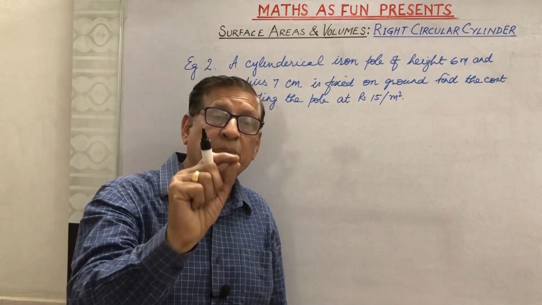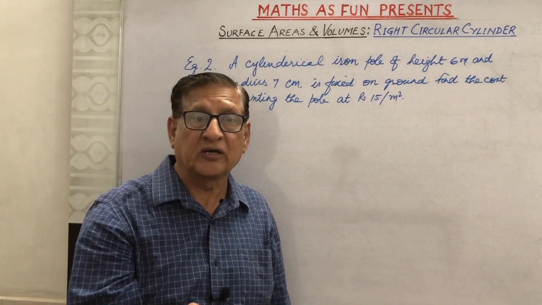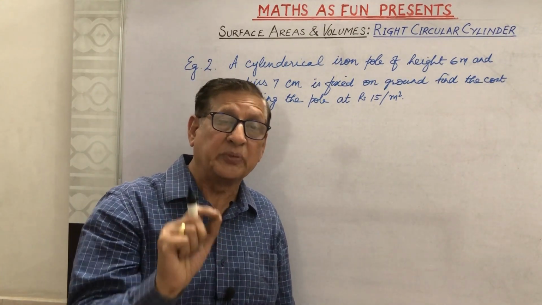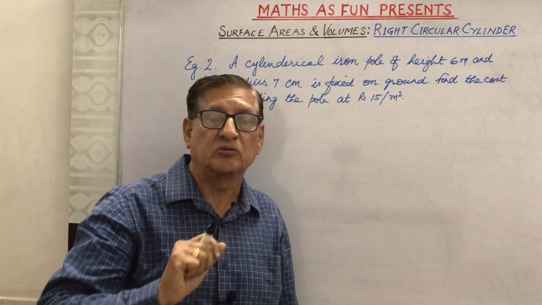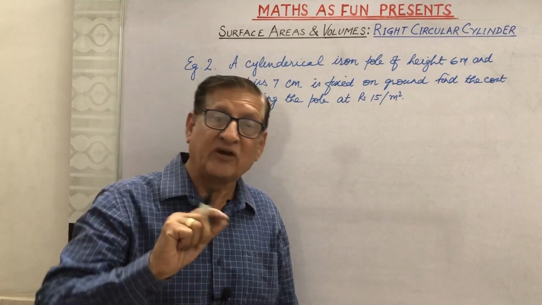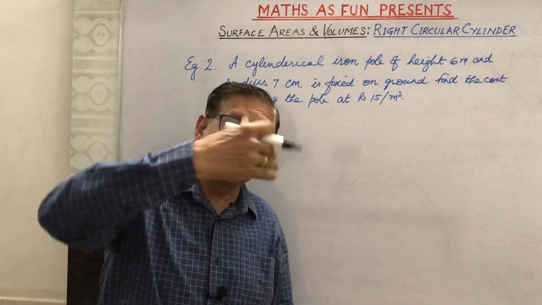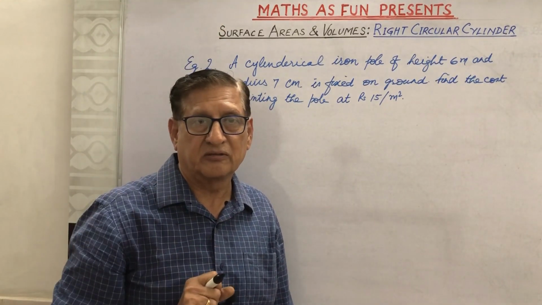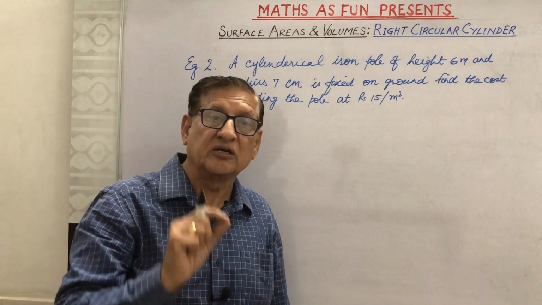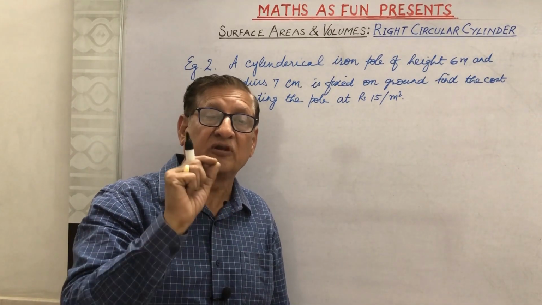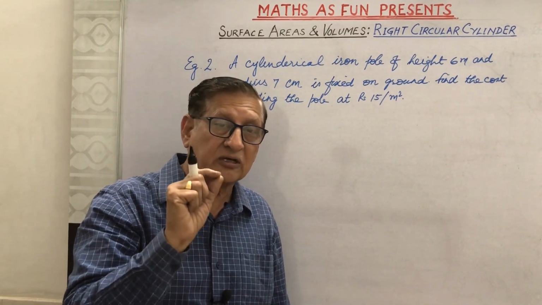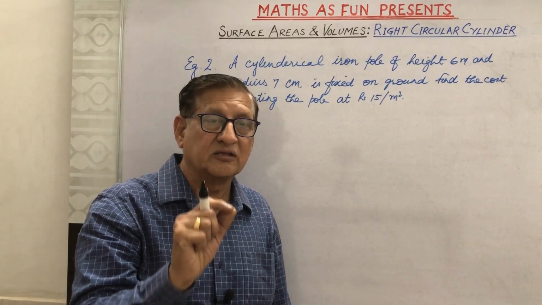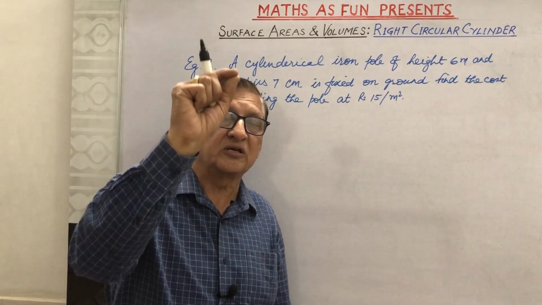See, we know when the pole is fixed on the ground, it means its lower end, the base is inside the ground. And when we want to paint it, only its curved surface area and the top will be painted. So in that case, the total surface area will be found, but that will be only the curved surface area plus area of top.